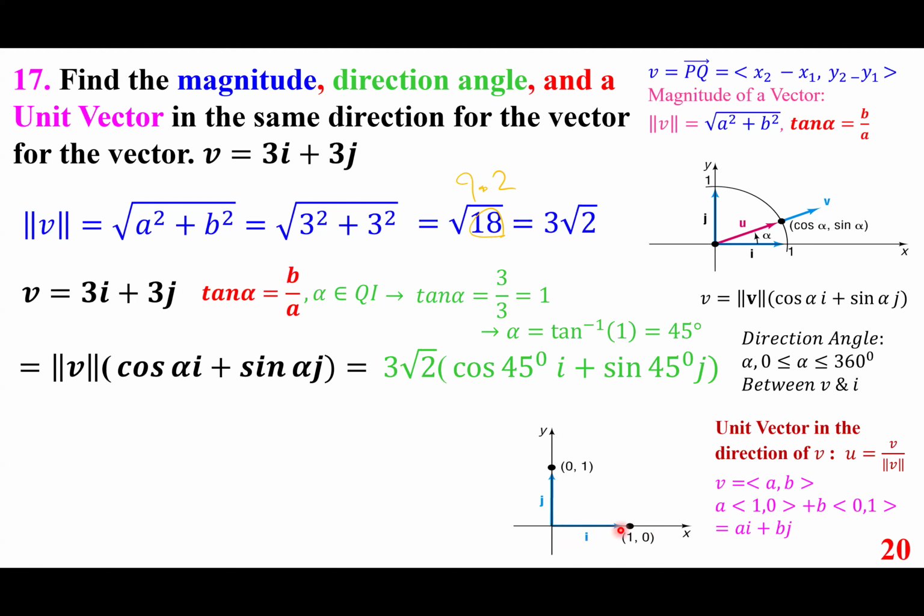Along the x-axis, this is the unit vector i, 1, 0. This is the unit vector along the y-axis, j, 0, 1. And so we have ai plus bj, and we are going to divide this by the magnitude we found, 3 square root of 2.